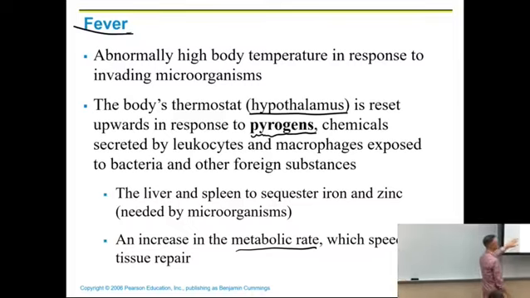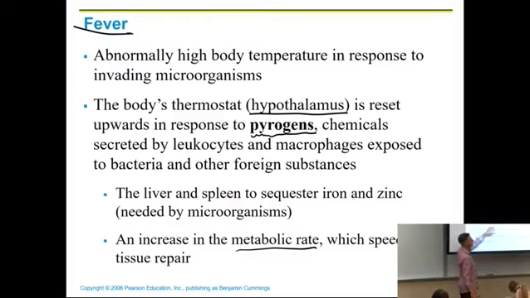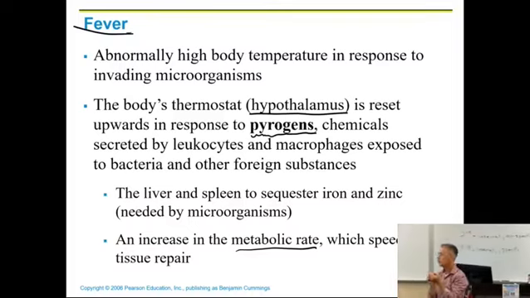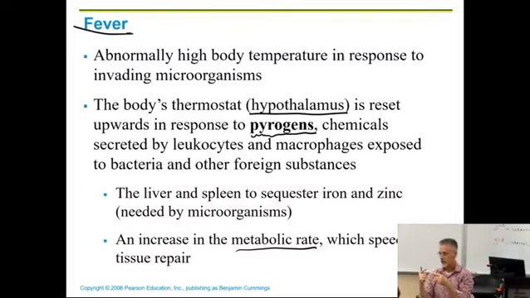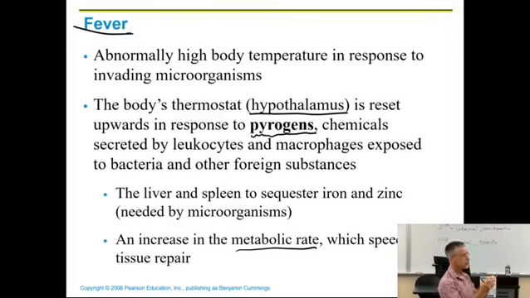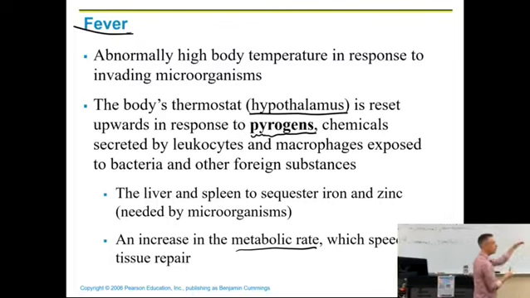In addition, that increase in temperature tells the liver and the spleen to sequester some of the nutrients, to hold on to some of the nutrients that bacteria often use for replication. So zinc and iron are used by bacteria often when they're replicating, when they're going through their binary fission and making more, and they need those.